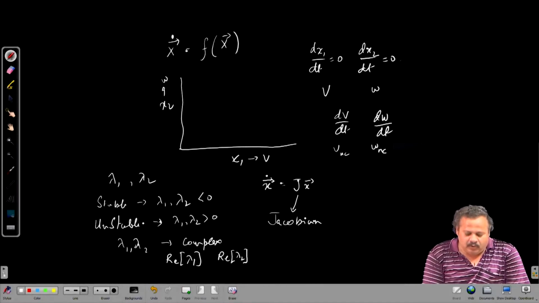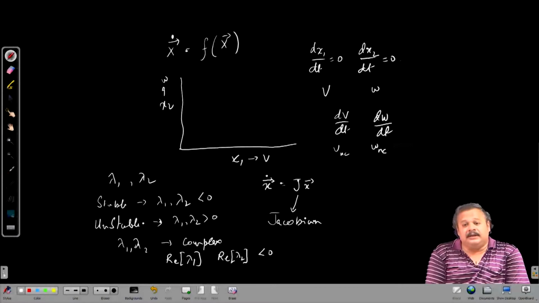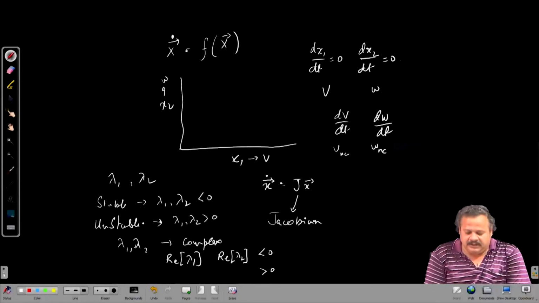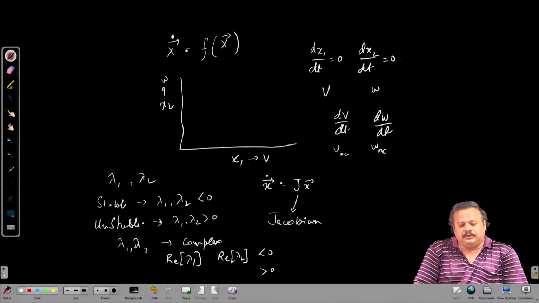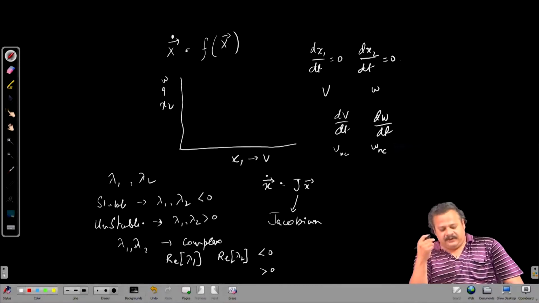If both of these are negative, then it is a stable spiral, and when both are greater than 0, it is an unstable spiral. We said that the behavior of the system near the equilibrium point can be represented with these ideas of stable and unstable equilibrium points.